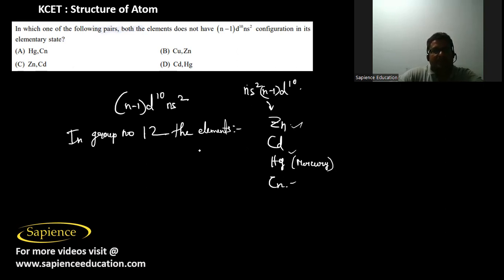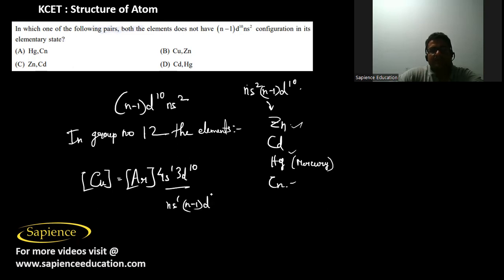But the electronic configuration for copper is argon 4s1 3d10. So it is of the form ns1 n minus 1 d10. It is not ns2 n minus 1 d10. So I can say copper and zinc. Since the electronic configuration for zinc is argon 4s2 3d10.